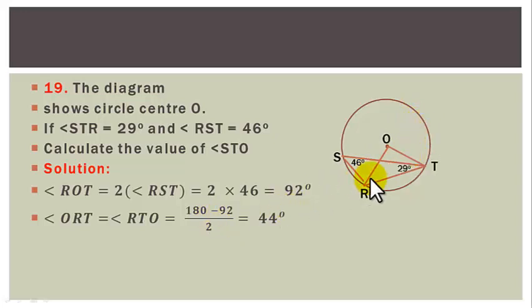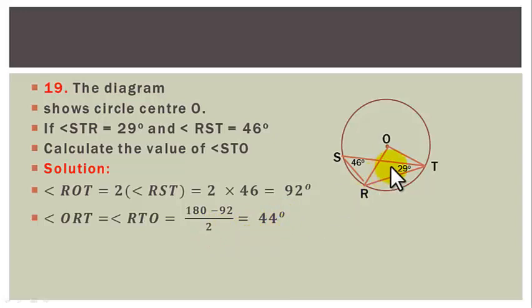So if these two angles are equal and this angle is equal to 92, it therefore means that 180 minus 92 divided by 2 will give us each of the equal angles. That is equal to 44 degrees.